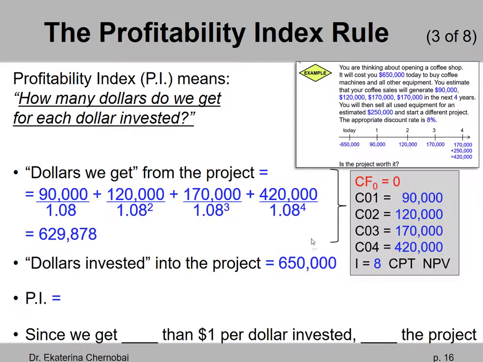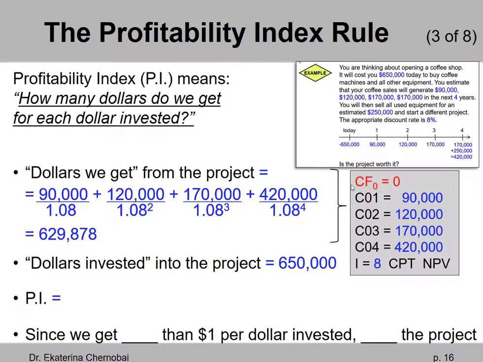So now, how should we do it in the financial calculator? We are going to be doing it a little bit differently from what we did to use the net present value technique. This time, we are not going to include the negative $650,000 for the cash flow today.